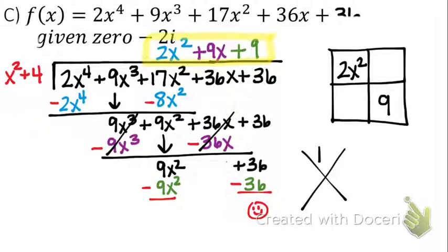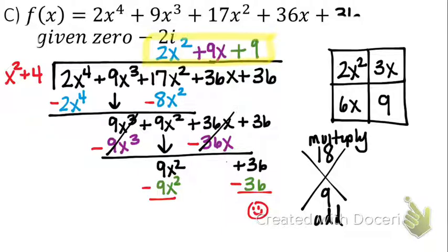So you need two numbers that multiply to 18 and add to 9. Anybody know those numbers? Yep, 6 and 3. It doesn't matter where the 6x and 3x go. These two can flip-flop.